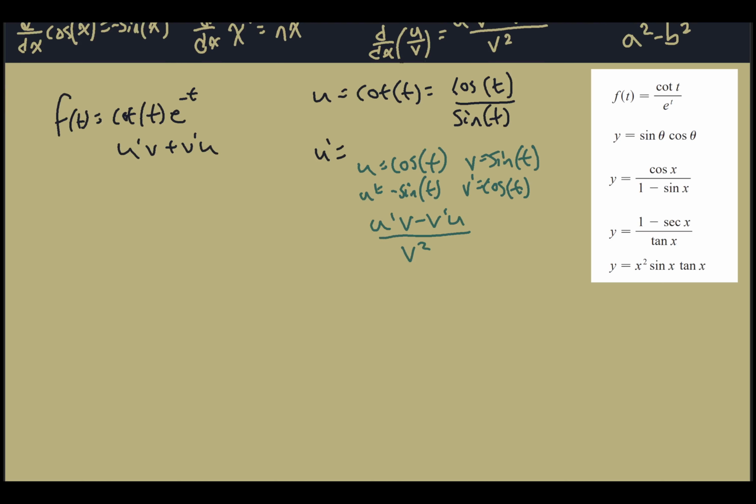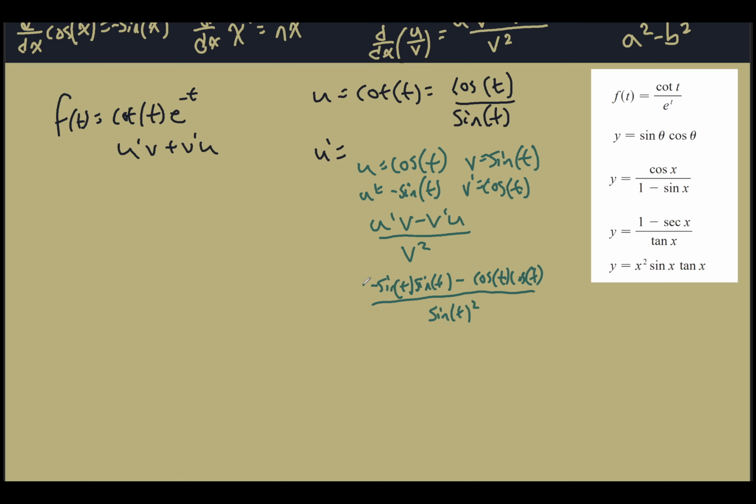So u prime is negative sine t times sine of t, minus v prime cosine of t times cosine of t. And all of this is going to be over sine of t squared.